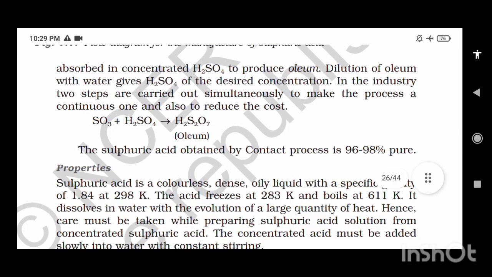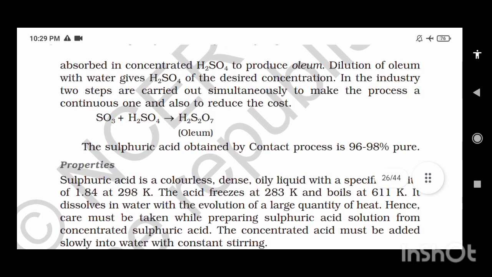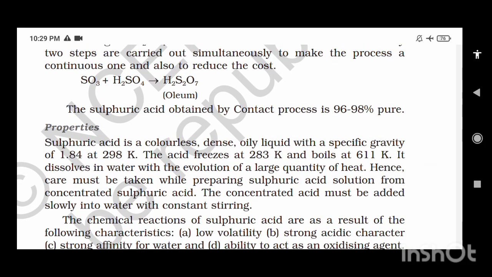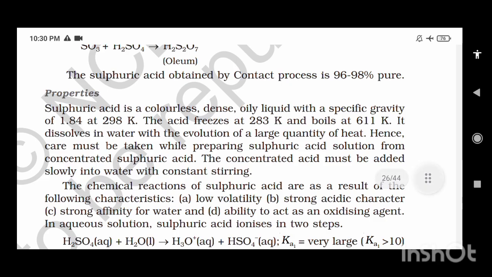Dilution of the oleum with water gives H2SO4 of desired concentration. In industry, the two steps are carried out simultaneously to make the process a continuous one and also to reduce the cost. The sulfuric acid obtained by contact process is 96 to 98% pure.